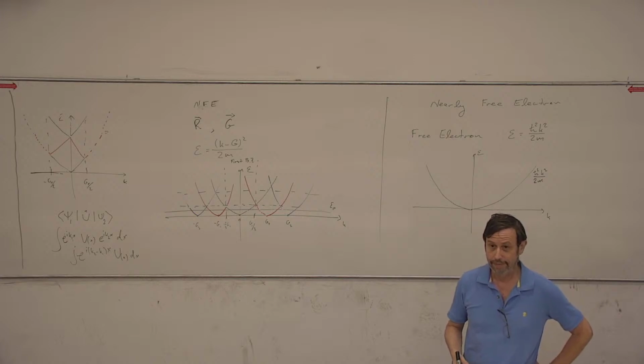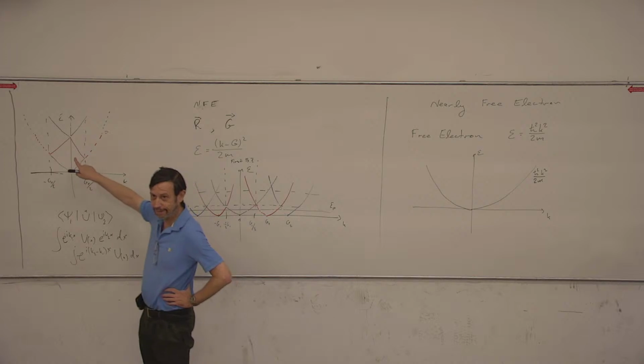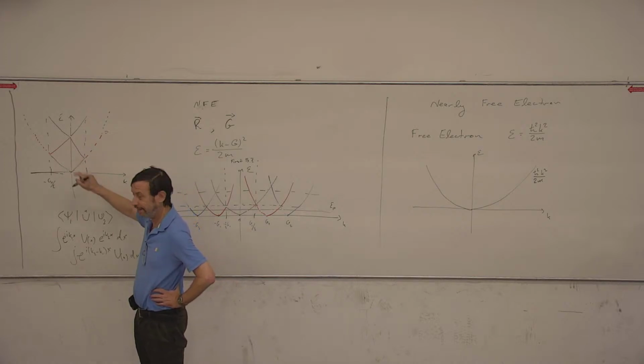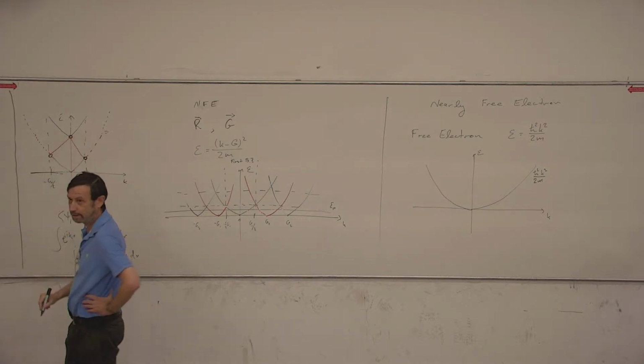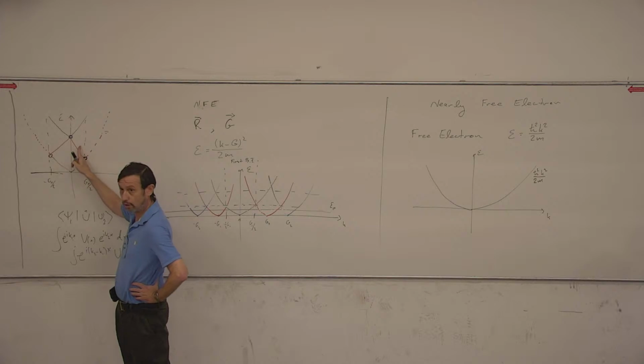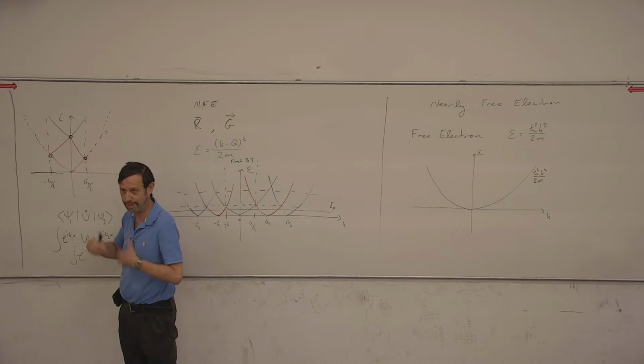And then also we can simplify. So if I'm looking on this guy, this point is degenerate, this point is degenerate, this point is degenerate, this point is also degenerate, but they are not coupled by a potential. So I don't care about the degeneracy.